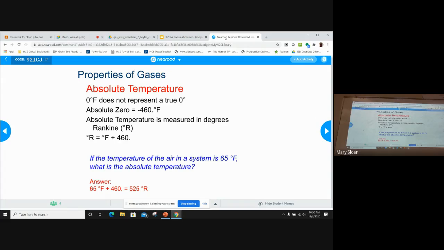And this is very important for you for engineering, you have to take your Fahrenheit plus 460. So like it says here, if it's 65 degrees Fahrenheit, the absolute temperature, when we're talking about engineering, would be 525 Rankins.